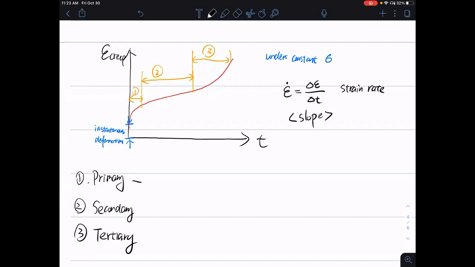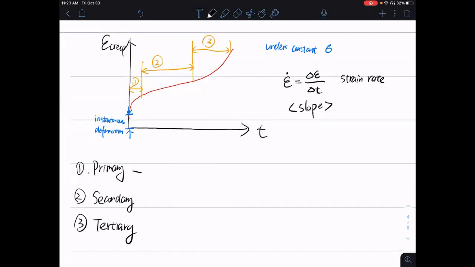Here's a quick quiz. From the stress strain diagram, what is that slope called in that linear region? Stress strain diagram, that's tensile stress. That linear region, slope is called Young's modulus, or modulus of elasticity. Okay, here the slope is called strain rate.